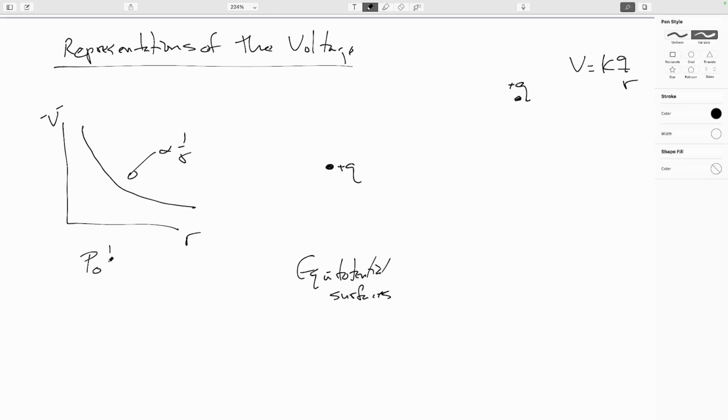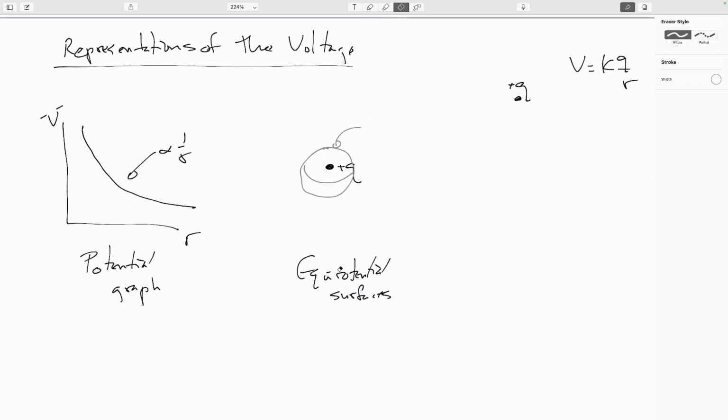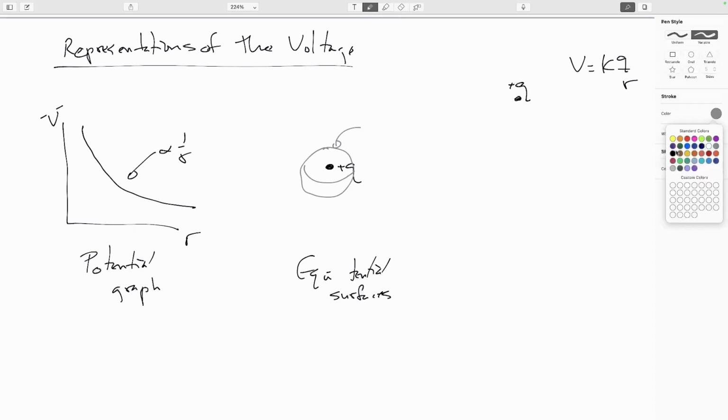So what I'm doing is just saying anywhere on this sphere, the equa means the same, equipotential. So everywhere on this surface, the voltage is the same.